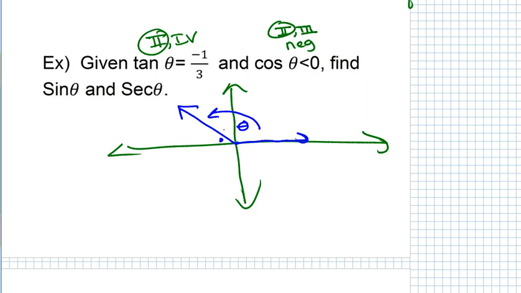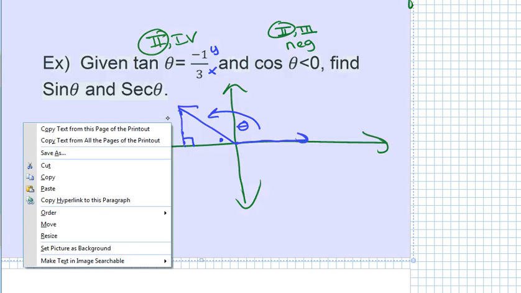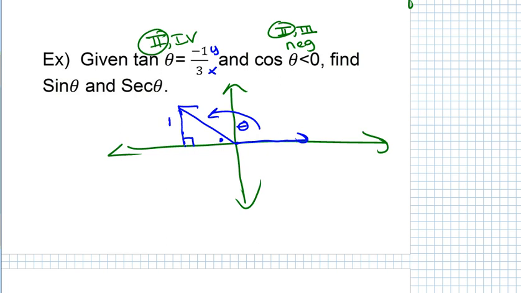Now remember, we use the reference angle to draw a right triangle. And remember, tangent's y over x. So I know that my y value is 1, and my x value is 3.